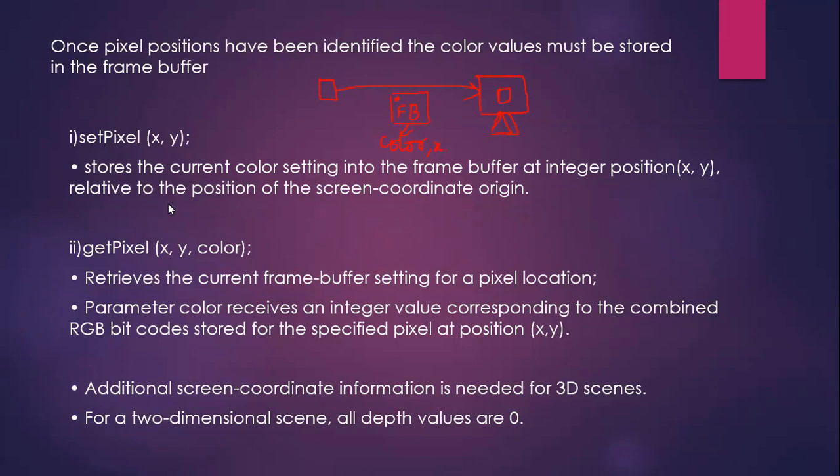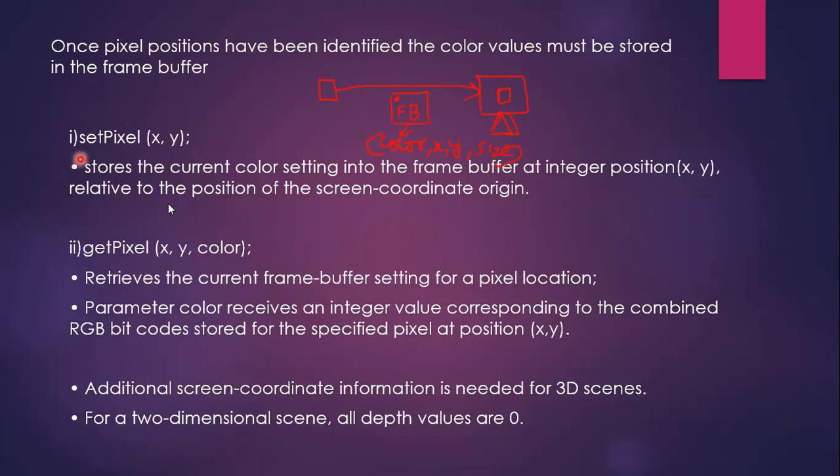If it is a 2D object, it will have an xy coordinate, the location, and also the size. The pixel size, everything will be stored. All this information will be stored in the frame buffer. So you have two functions to use before rendering any object on the screen.